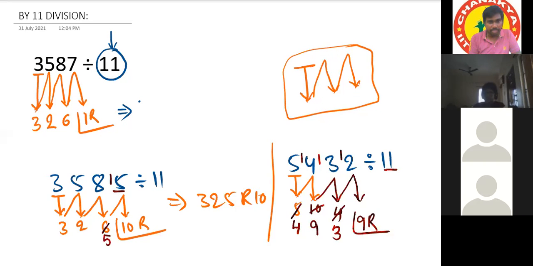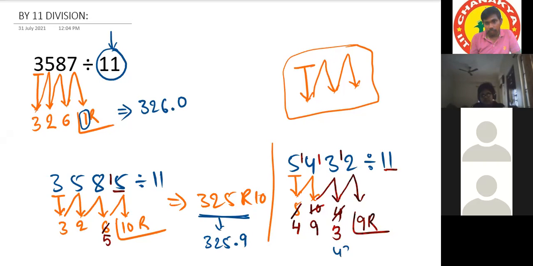That's why I'm telling that point here. 326 point... reduce 1. The remainder we have to reduce by 1. So 1 minus 1 is 0. So it will be directly 326.0. And this is 325.9. And this is 493.8. Okay. So if you want decimals, you can reduce remainder by 1.